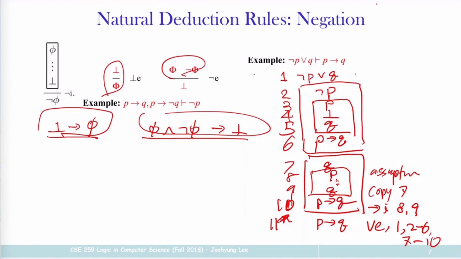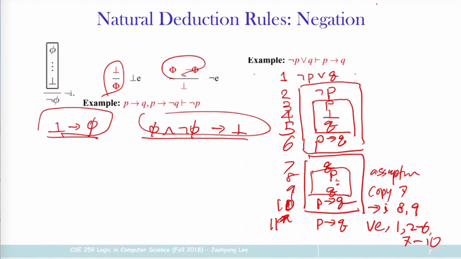Some textbooks have this set of rules as primitive, and there are other rules that you can derive from the primitive rules, while other textbooks choose a different set of primitive rules and then derive other things. So depending on which version you look at, your set of rules for natural deduction may look different. However, in this class we are not going to worry too much about the differences between derived rules and primitive rules. In fact, the next set of slides is about the derived rules. But before that, the question.